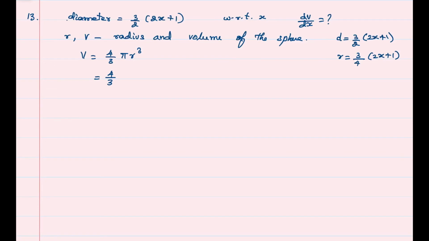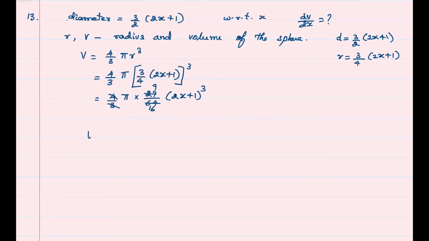Therefore, V is 4 by 3 pi r cube, 3 by 4 times 2x plus 1 the whole cube. 4 by 3 pi, 27 divided by 64 times 2x plus 1 the whole cube. Therefore, V is 9 over 16 pi times 2x plus 1 the whole cube.